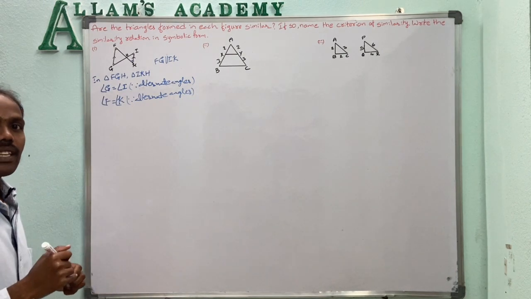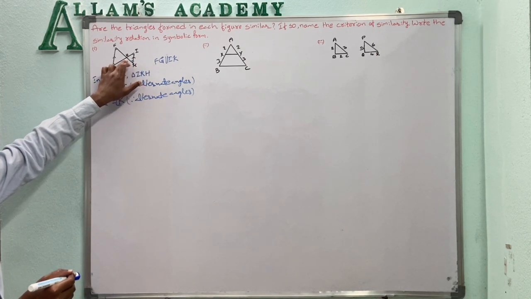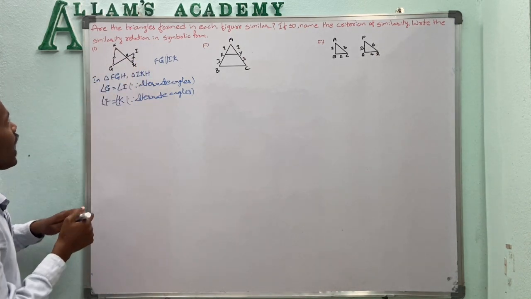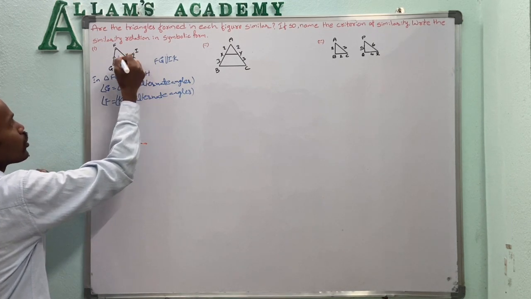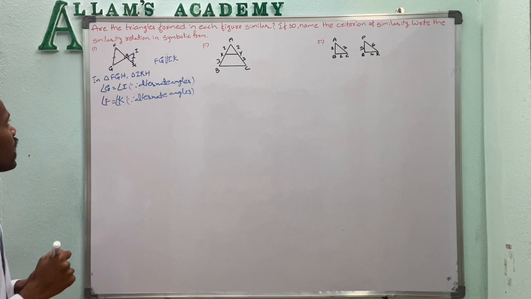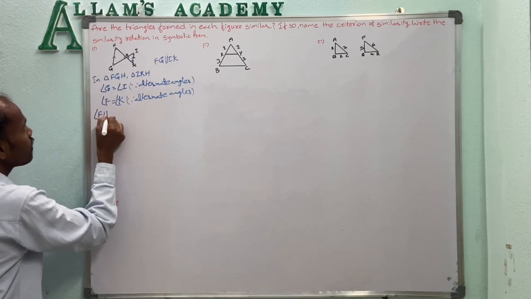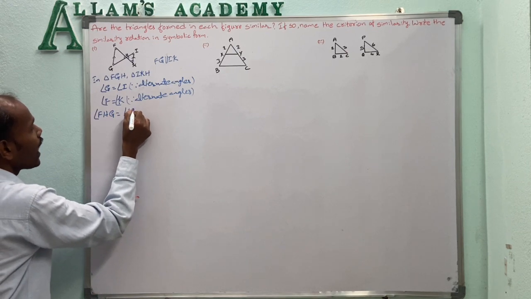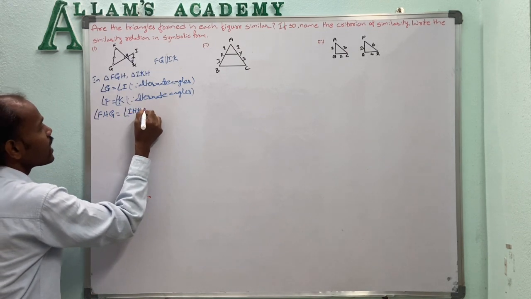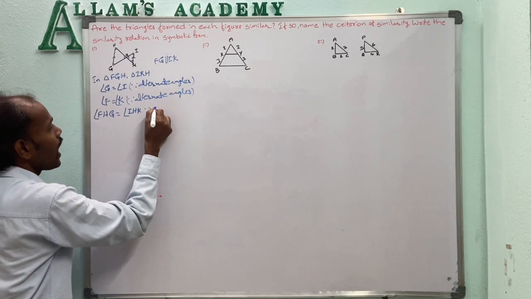In these two triangles, H is the same vertex, and the H vertex is opposite to both angles. So angle FHG is equal to angle IHK, since they are vertically opposite angles.